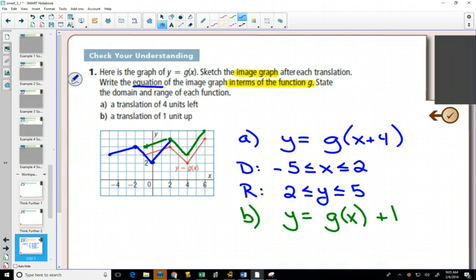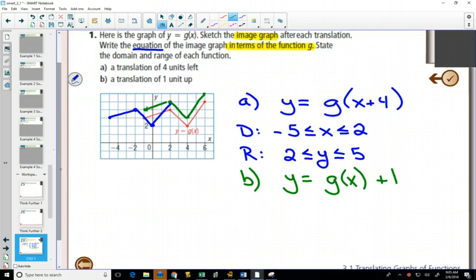Now for the green graph, for the domain and range, I'm going to use interval notation so you get used to that one as well. Again, if we look for our smallest x value here, it's -1. Our largest x value is 6. So it goes from -1 to 6.